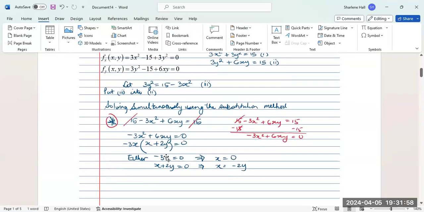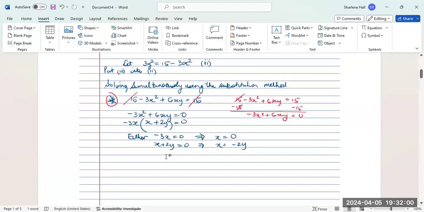Which implies x is equal to negative 2y. But if x is equal to 0 and x is also equal to negative 2y, it simply means that this 0 is going to be equal to negative 2y, which also implies that y is equal to 0.